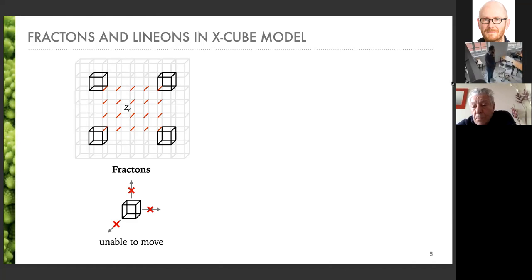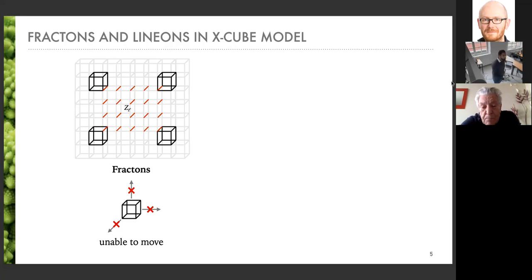So whenever you try to move a fracton by itself, it tries to create more fractons. Basically, it tries to increase the energy of the system. There is no way for a fracton to move itself without creating more fractons or without needing more energy.